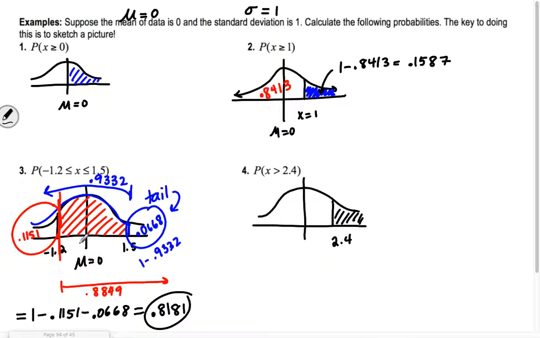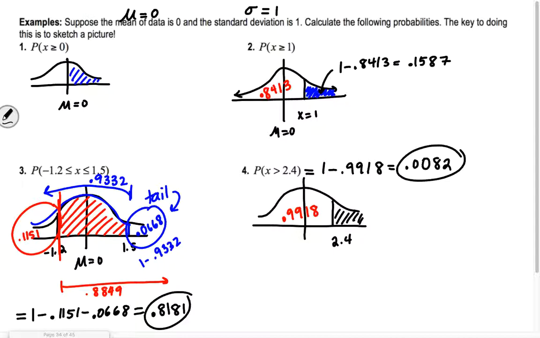So that 0.9918 is this side of it. So we want the other side. So we do 1 minus 0.9918, and we get 0.0082 is our answer. Okay, do you guys understand this process? Yeah.